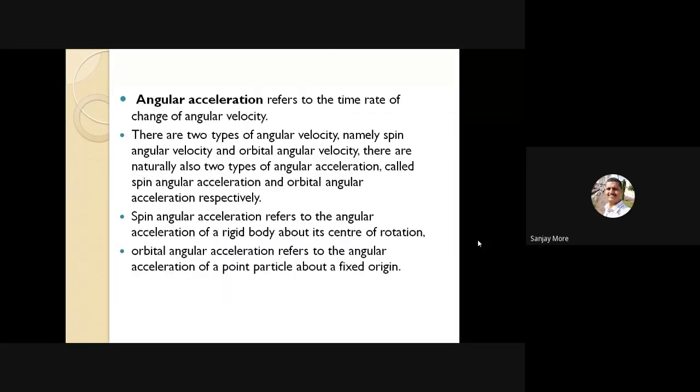Then write down, there are two types of angular velocity. First, spin angular velocity, and second, orbital angular velocity.